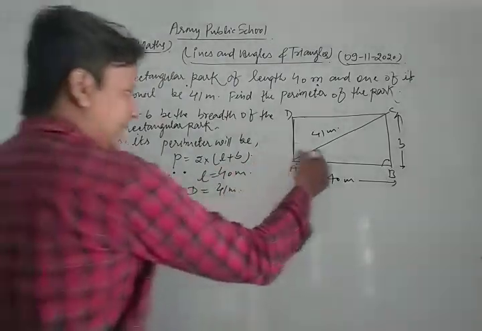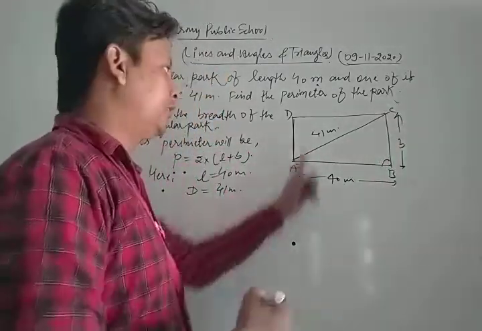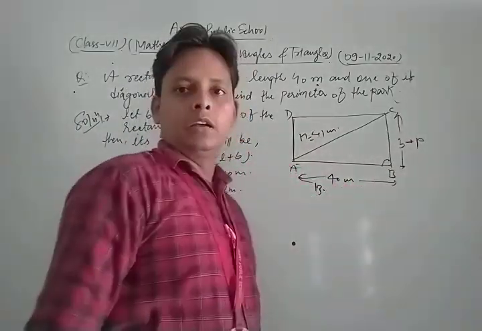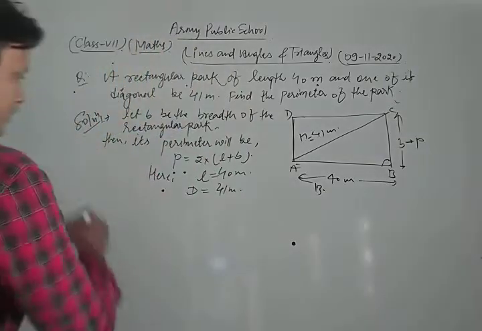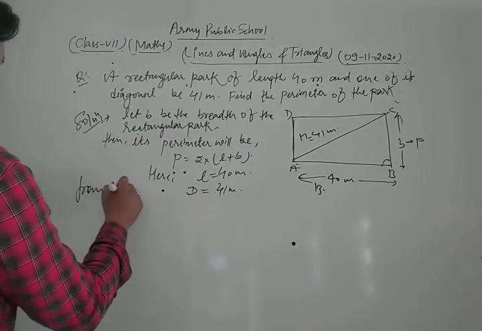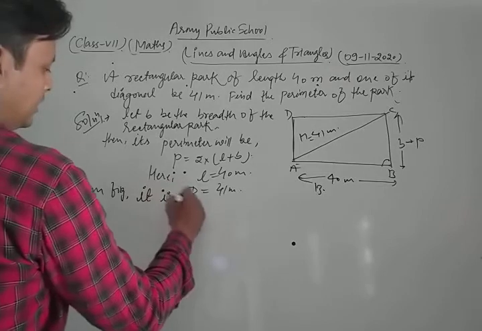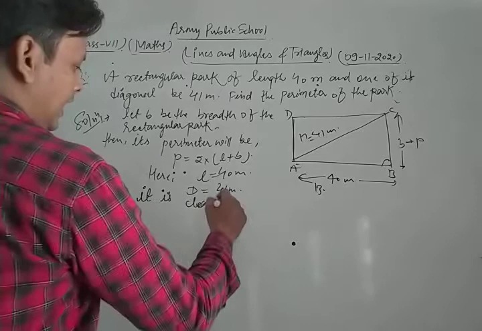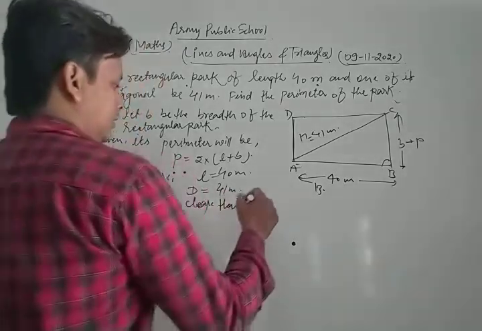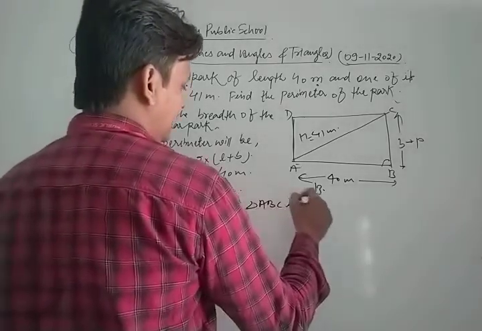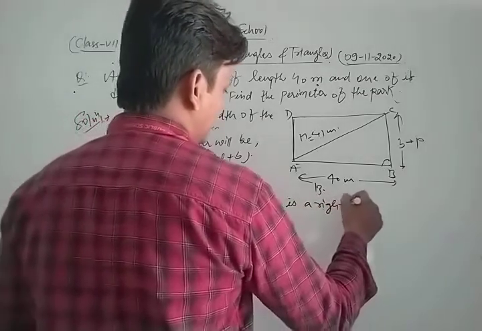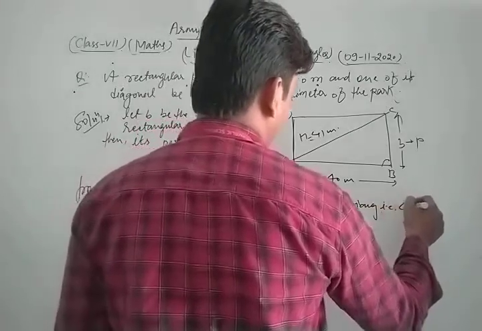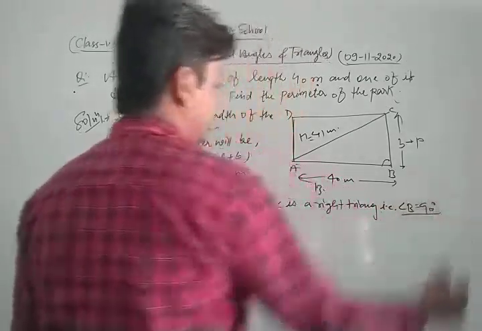Now here triangle ABC is a right angle triangle in which this is your hypotenuse, this is your base, and this is your perpendicular. Okay, now look from the figure, it is clear that triangle ABC is a right triangle because the angle B is equal to 90 degree.